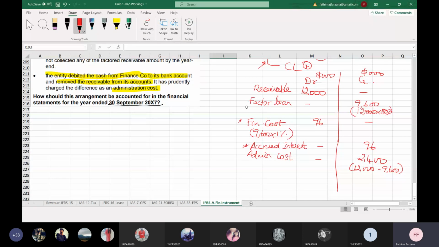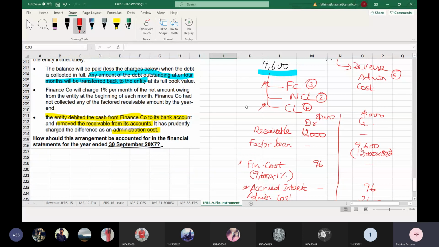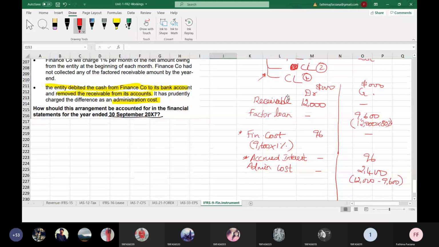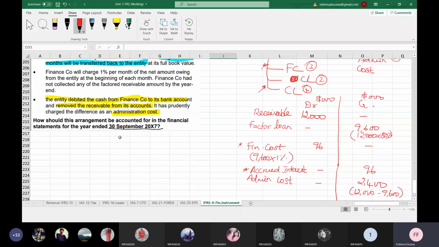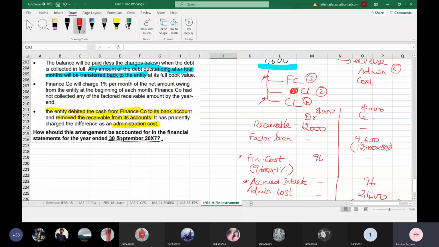It is a current liability, sorry. It's not a non-current liability. It's a short-term loan, so a current liability. You have to pay interest for that because it's for 4 months only. After 4 months, they will repay you and transfer back the balance. So it's a current liability.